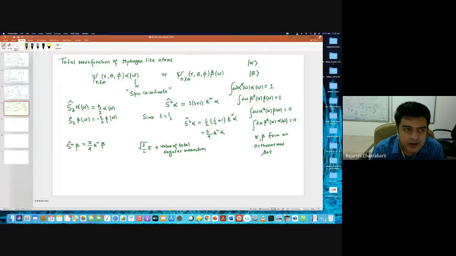So I can cast everything using Dirac's bra and ket notation. What will this be if I cast everything? Alpha alpha is going to be 1. This is fine with you?